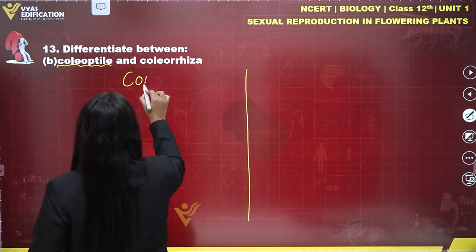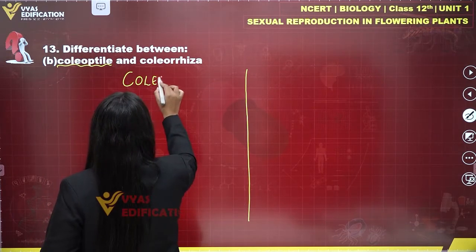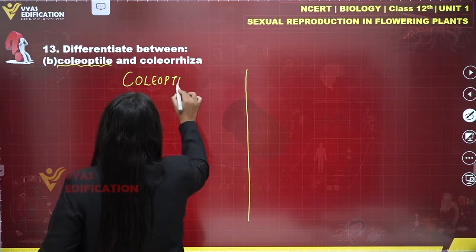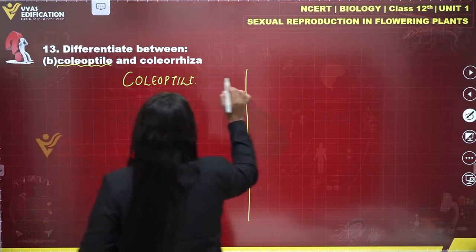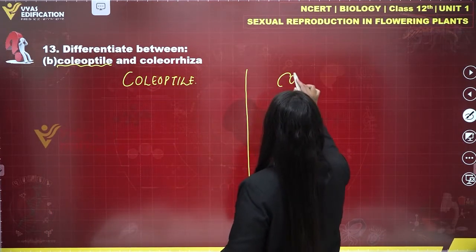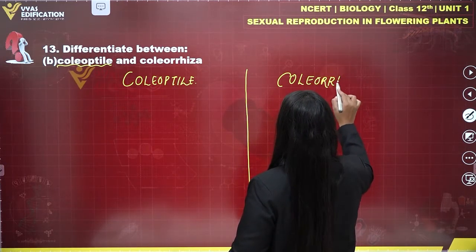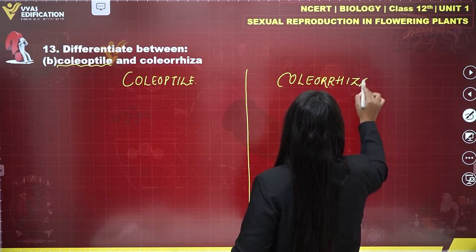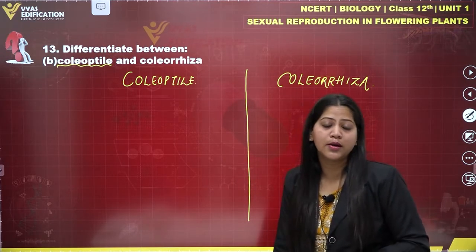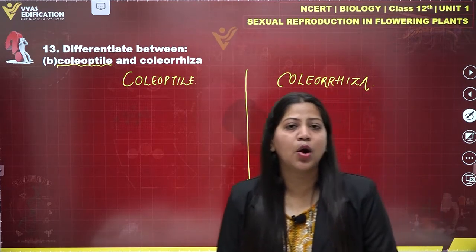In the left column we are going to discuss coleoptile, and in the right column we are going to discuss coleorrhiza. Coleorrhiza and coleoptile are the parts of monocot seeds, not dicot seeds.